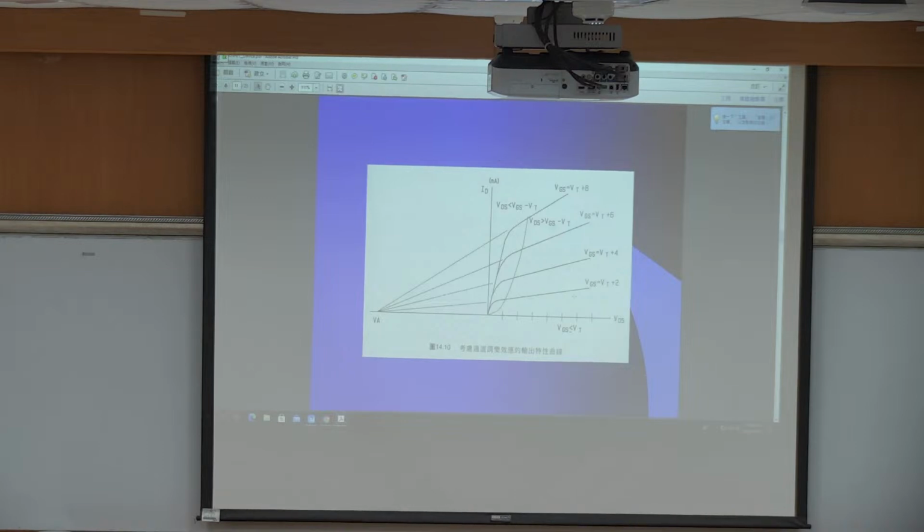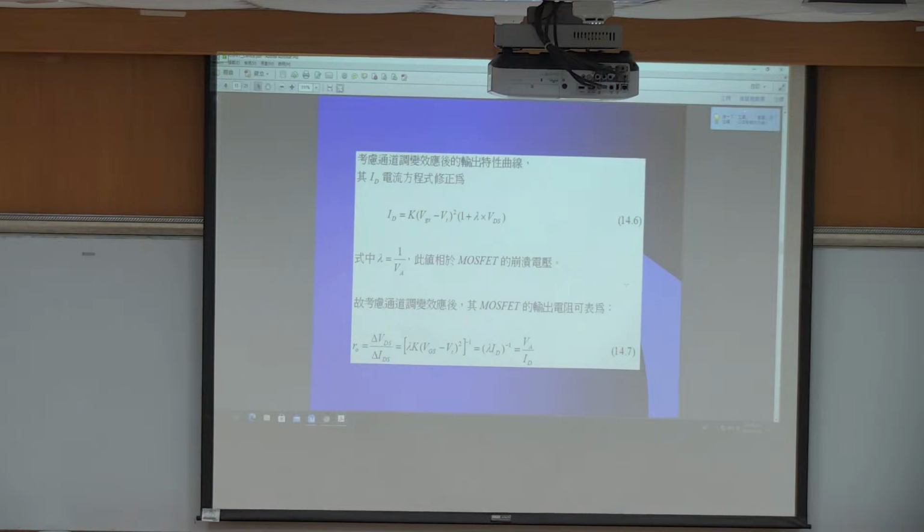It will have a slow increment that depends on how large a VDS you add, and we have to change the equation we wrote before, and it is related to the VDS as we can see in this equation.